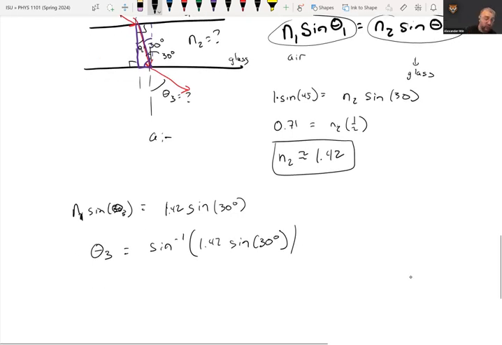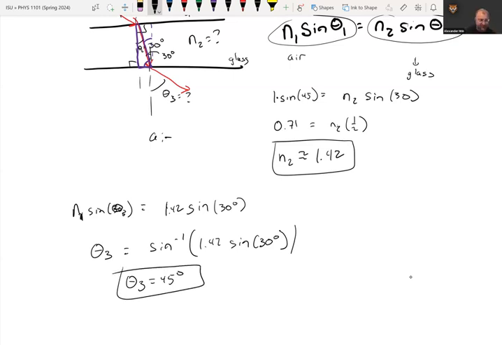Okay? When you do that, what you should get is that it's just inverse sine of 0.71. We should know that theta 3 should be equal to 45 degrees. Okay? So that's why that's the case. All right. So that is sort of the basic Snell's law problem.